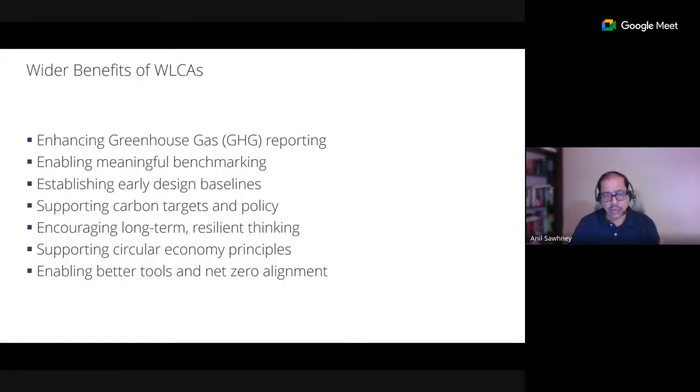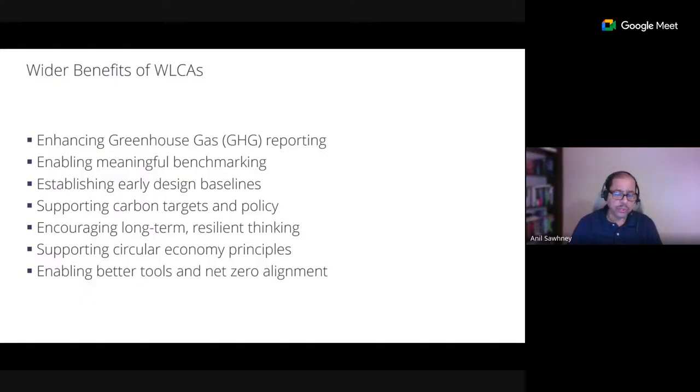They maybe know the target number of students they want to have in the school. You can use benchmarks and baselines to do an early cost estimate for that school building. Very similarly, if you start using WLCA and reporting those WLCAs, you can build your baselines and benchmarks. So for the next new project that you do, you can utilize those benchmarks, and WLCA helps in a big way.